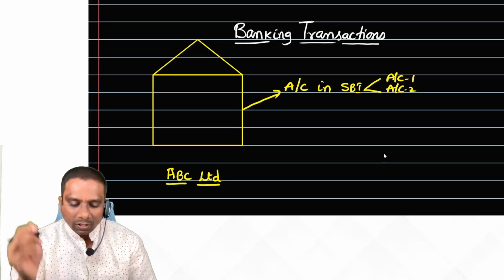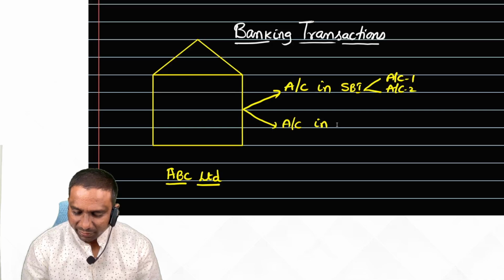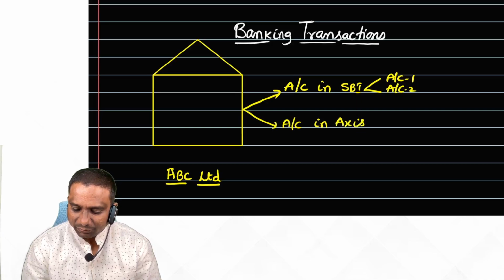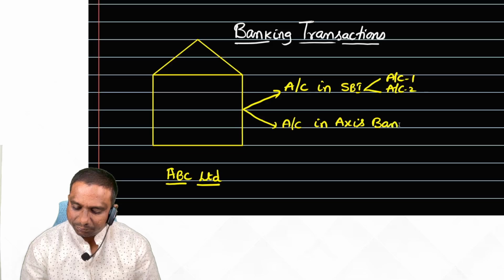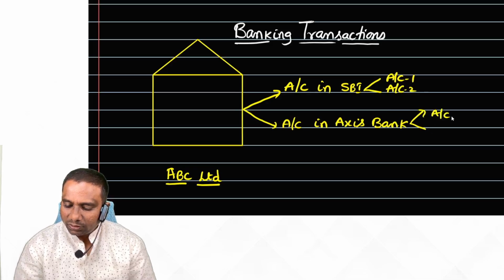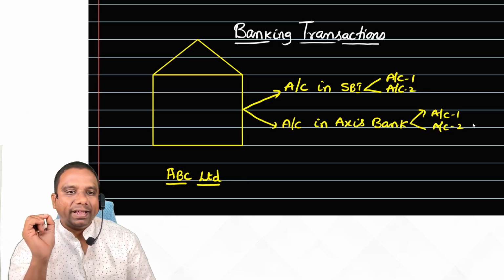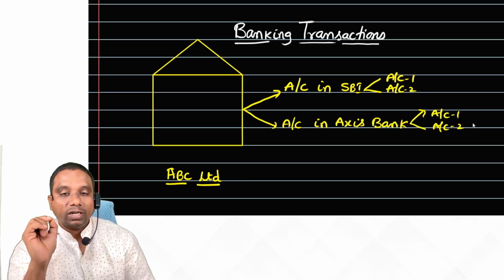And it may also have account in Axis Bank. In the same manner, in Axis Bank also they may have more than one account. Nowadays there is no restriction on the number of accounts that you can have.